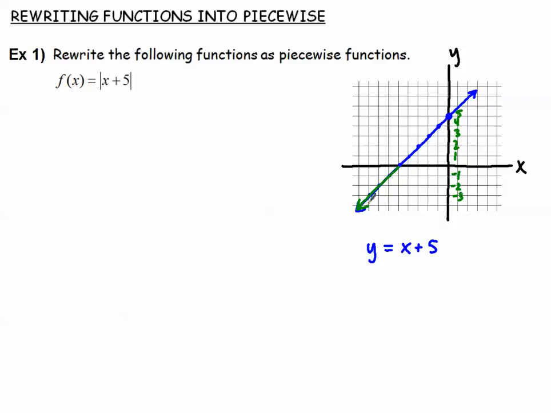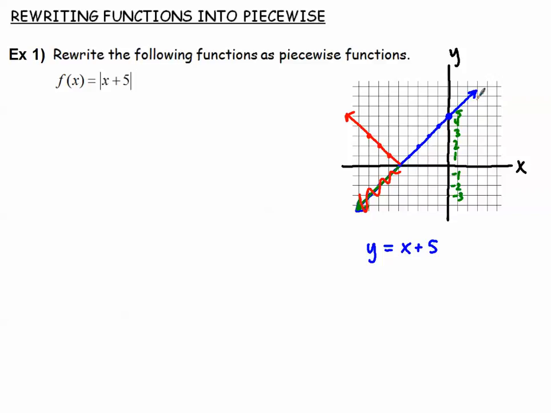If we're taking the absolute value of x plus 5, we're going to get rid of the part that is negative and make it positive. So if it was negative 1, it becomes positive 1. Negative 2 becomes positive 2. Negative 3 becomes positive 3. So there's the new version instead of like this. Hence why we get the V-shaped graph for absolute value.